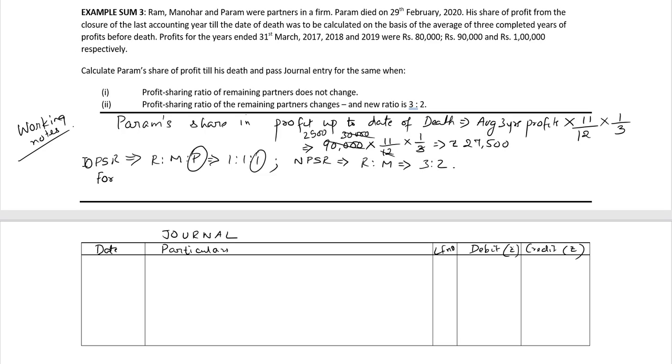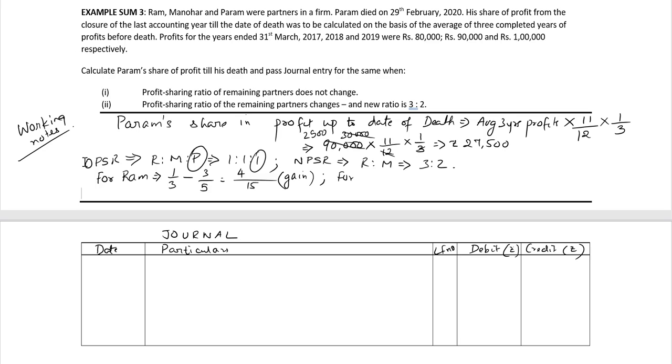So let's do old share minus new share. For Ram, old share 1/3 minus the new share 3 divided by 5, a negative 4 divided by 15, it's a gain.